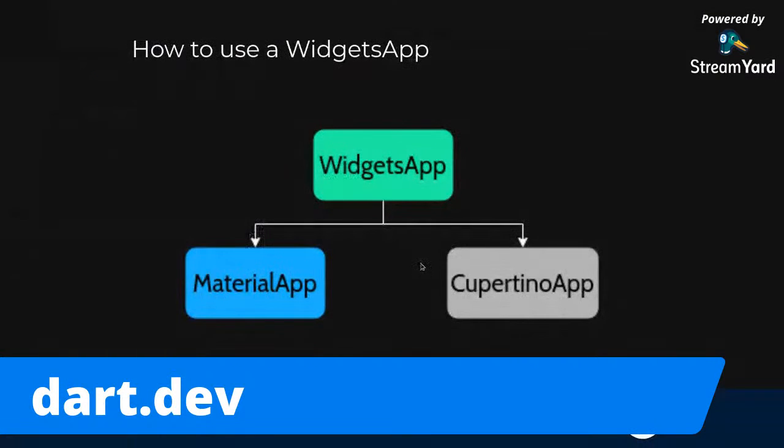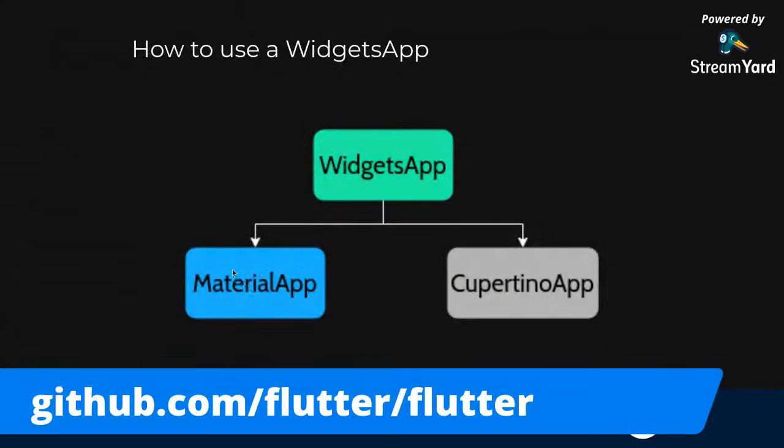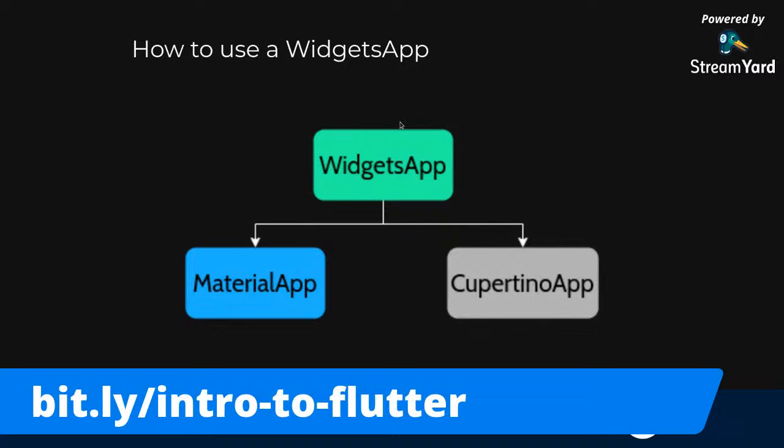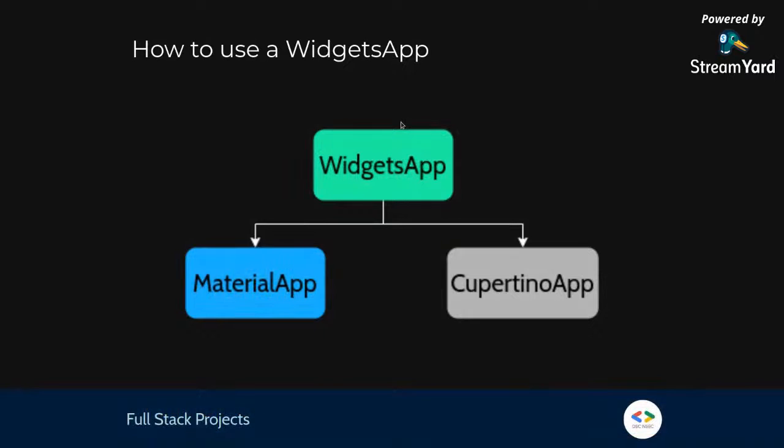Okay, so material app is actually a derivation of a top level app known as Widgets app in Flutter. What it does is define the actual enclosing of Flutter so that it can run on top of an Android runner or an iOS runner, or any other platform, if you would say.